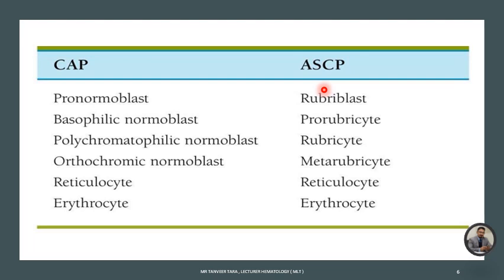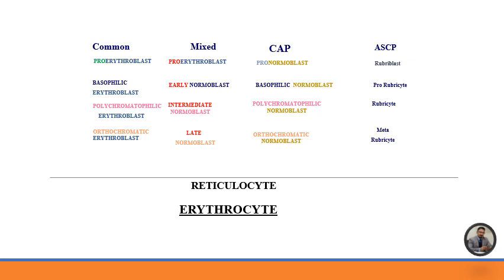So different nomenclature is used in erythropoiesis, because besides the nomenclature of CAP and ASCP, we also see some other nomenclature. The common nomenclature is proerythroblast, then basophilic erythroblast, polychromatophilic erythroblast, and orthochromatophilic erythroblast.